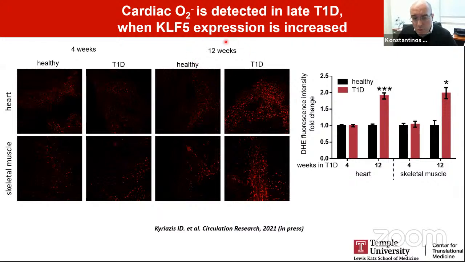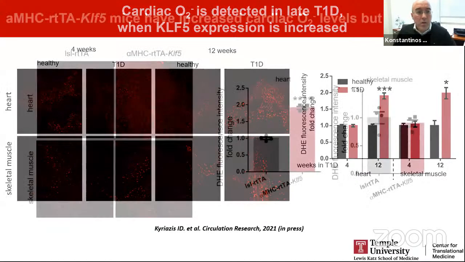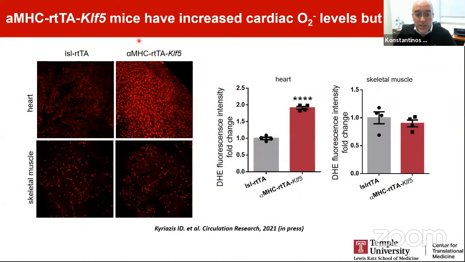So 12 weeks post-induction of diabetes, we see that the mice have increased ROS in both the hearts and the skeletal muscle. Then we used the transgenic mice that do not have diabetes, and those mice that overexpress KLF5 in cardiomyocytes have increased ROS staining in cardiomyocytes, but not in the skeletal muscle.